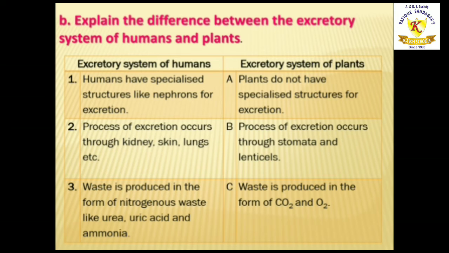In humans, process of excretion occurs through kidneys, skin, lungs, etc. And in plants, the process of excretion occurs through stomata and lenticels. In humans, waste is produced in the form of nitrogenous waste like urea, uric acid and ammonia. And in plants, waste is produced in the form of carbon dioxide and oxygen.